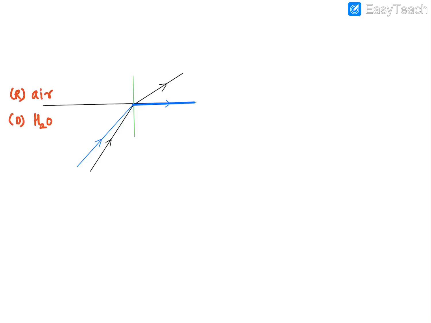It makes an angle of 90 degrees, if you've noticed. I'll mark this angle also in blue color, so that you realize it's for that particular color of light. So this angle will become 90 degrees.